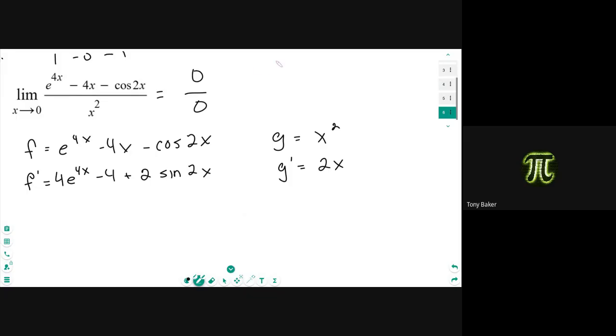All right, so we've got 4e to the 4x minus 4 plus 2 sine 2x over 2x. If you plug in 0, what do we get?